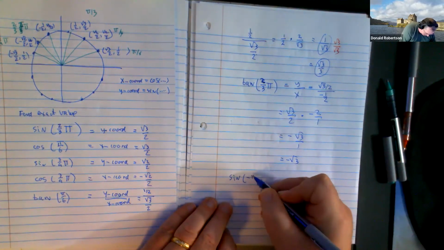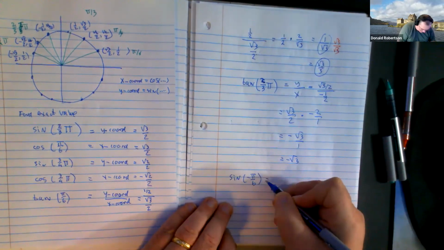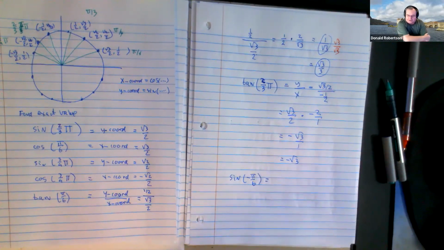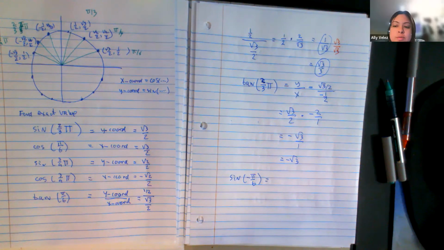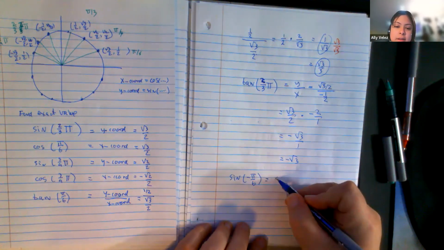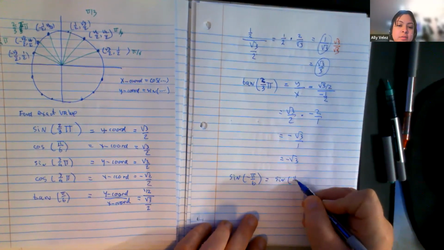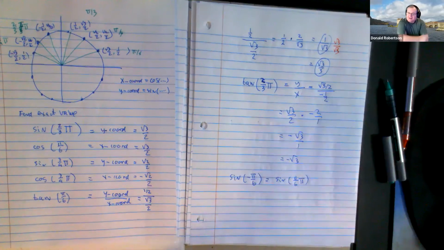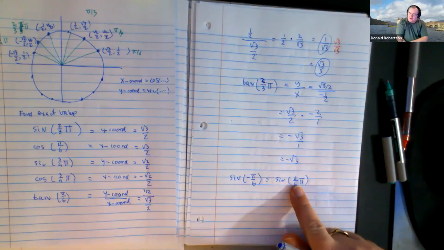How do you think we should tackle a question where the angle isn't between 0 and 2 pi? Should you, since it's a negative, add 2 pi to get like the other angle? You would. Now, can't you find that on your unit circle? Right.